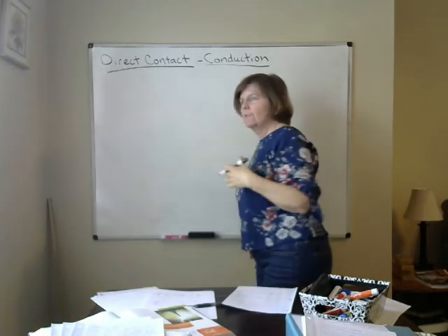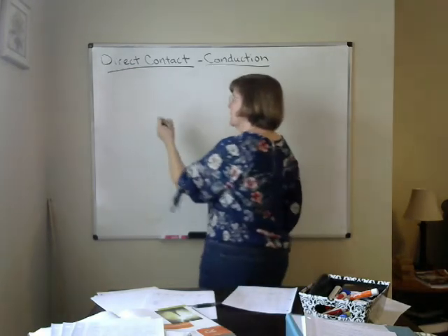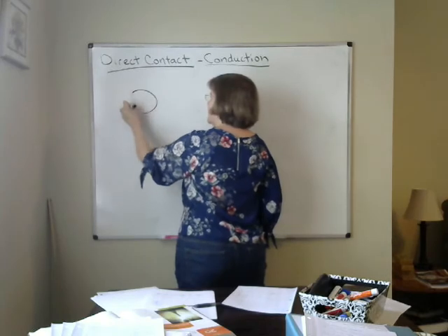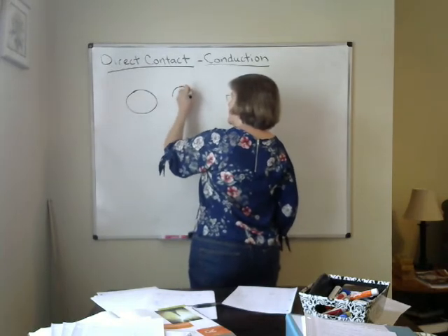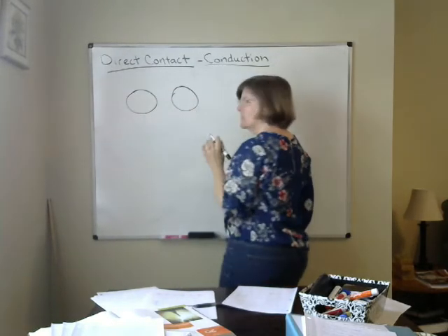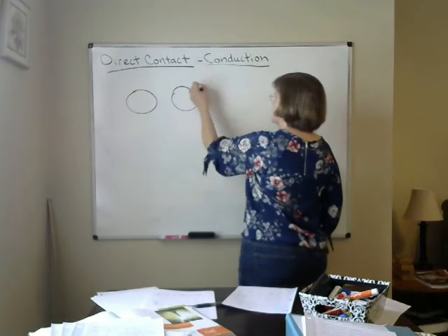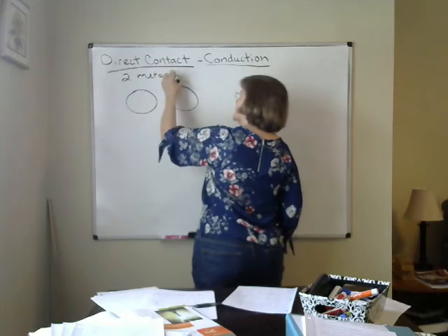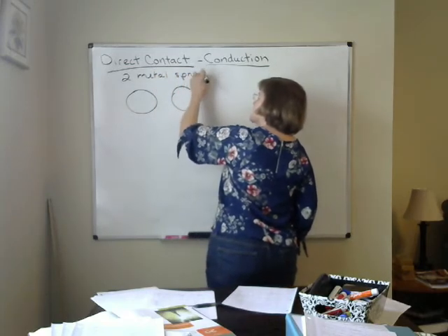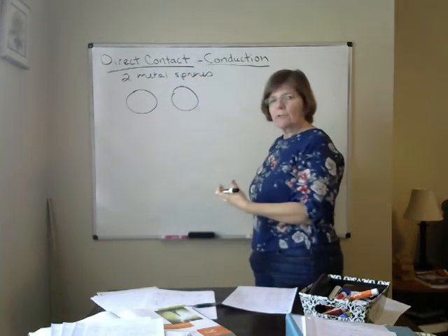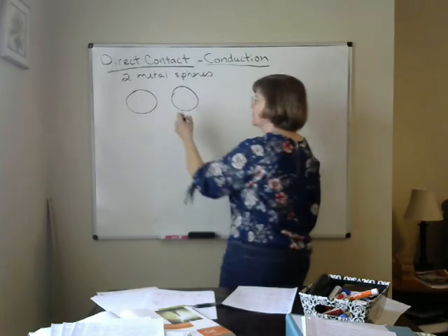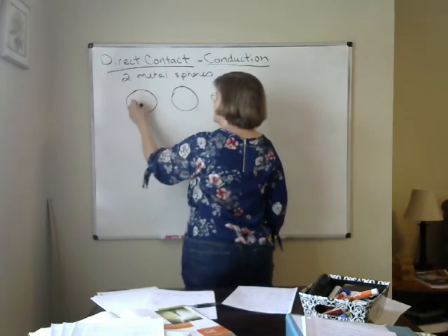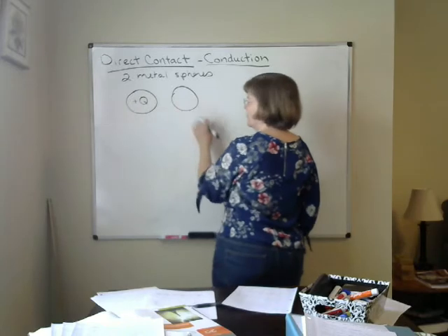Basically, if I charge by direct contact, let's suppose I have two identical metal spheres. Metal is a really good conductor, so let's suppose I have a positive charge of Q on this one, but this one's neutral.